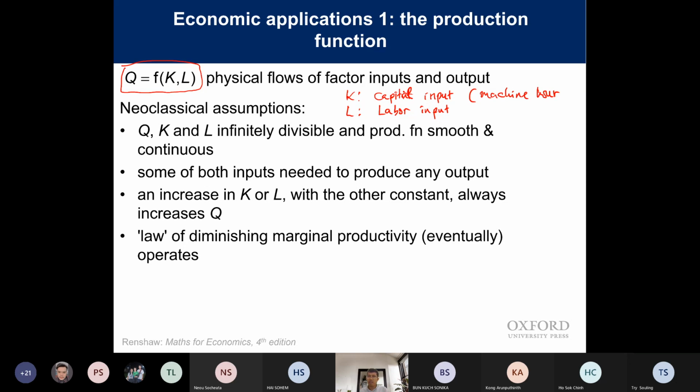So how much time we can operate the machine in a single day, and also how many hours of labor we have in a single day. So the capital is usually in machine hours, and the labor input may be in worker hours.